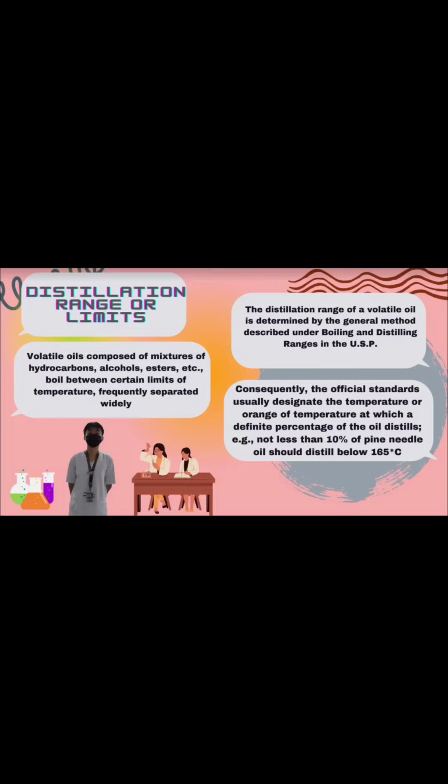So here, we need the appropriate temperature and the definite percentage of the volatile oil to distill in order to get the desired outcome. So for example, not less than 10% of pine needle oil should distill below 165 degrees Celsius.